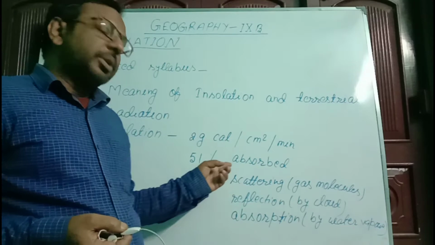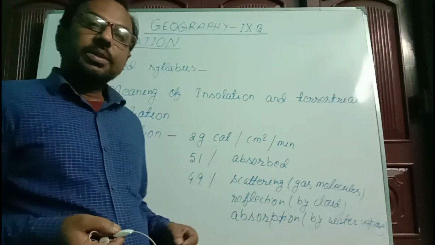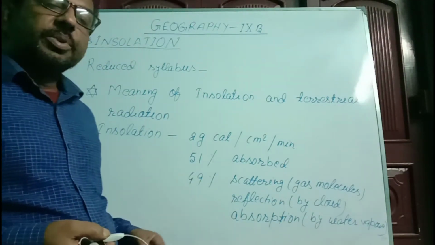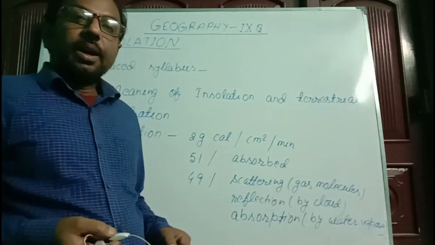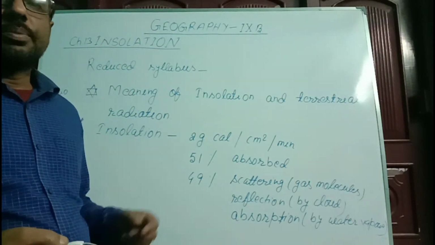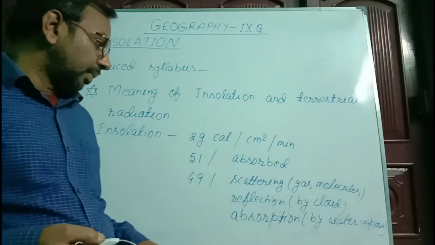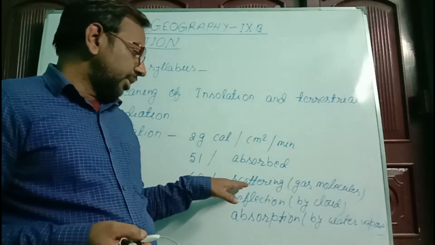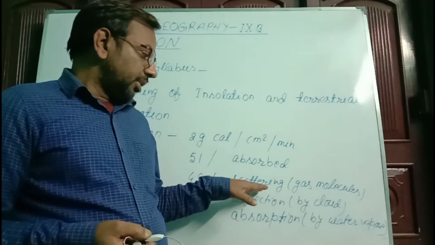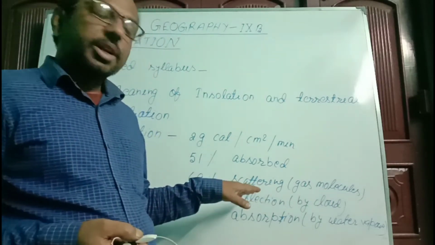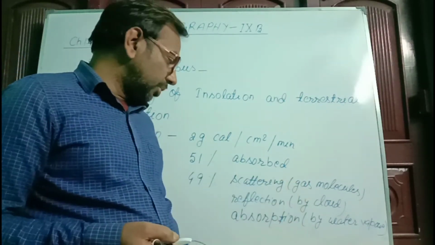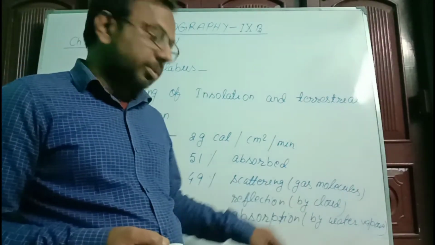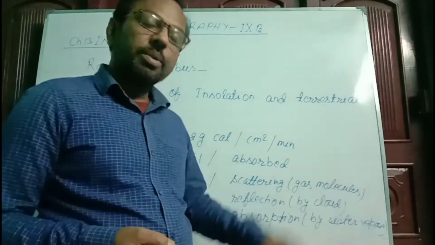Out of that, 51% is absorbed by the Earth and 49% is sent back from the atmosphere. This 49% of solar radiation is scattered by the gas molecules, reflected by the cloud and absorbed by the water vapor.